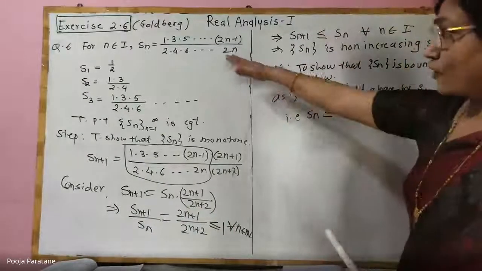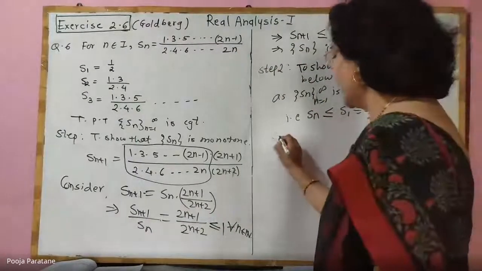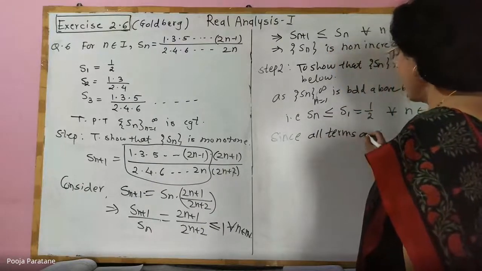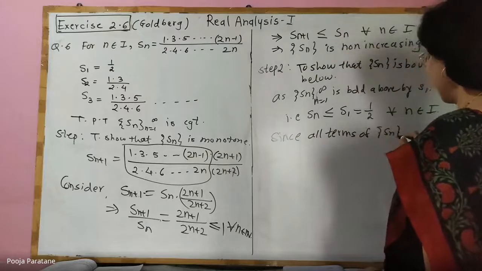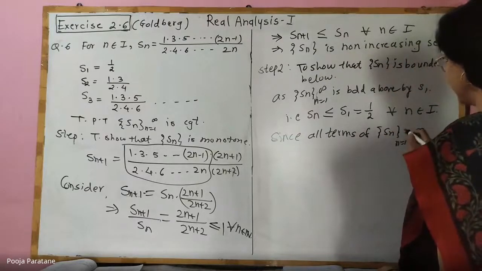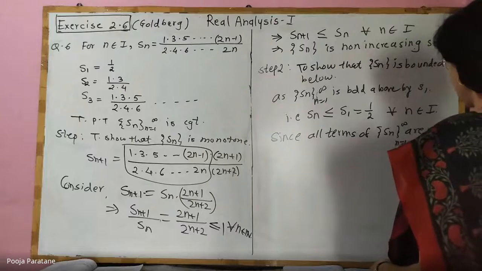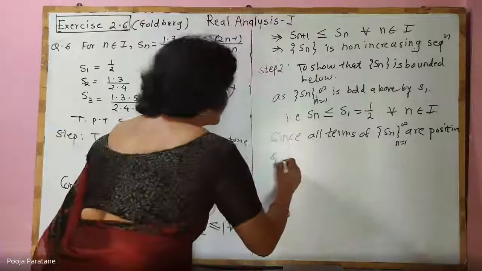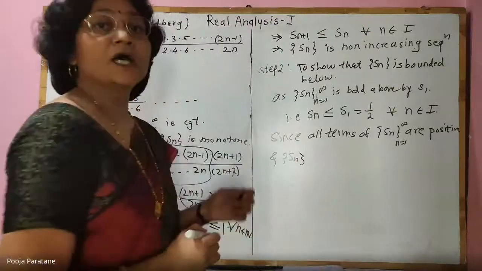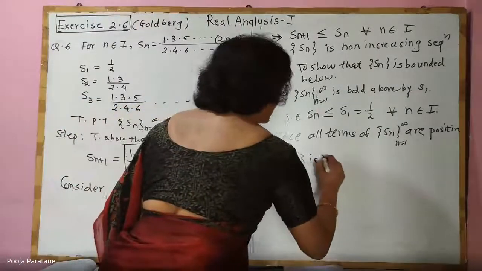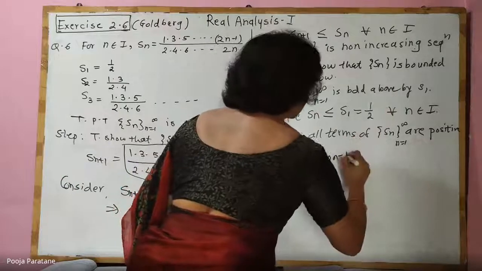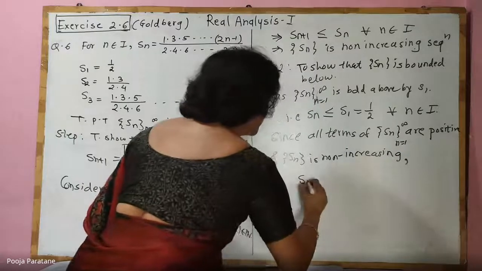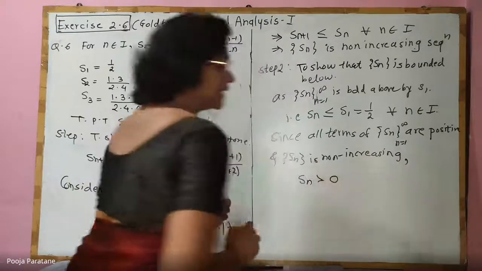So by observing this Sn only, we can say that since all terms of the sequence Sn are positive, and this sequence Sn is non-increasing, every term of Sn is greater than 0.